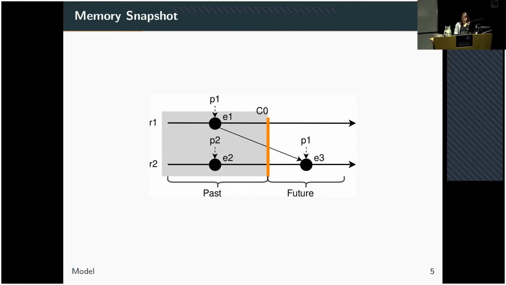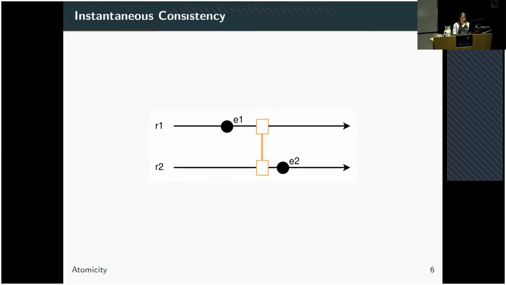So let's first look at atomicity, or in a more general term, consistency. The ideal case can be seen here. We have our two memory regions, and we take the snapshot at exactly the same time. For the model, this acquisition process needs to not only acquire the memory contents, but also the time at which the contents were acquired.